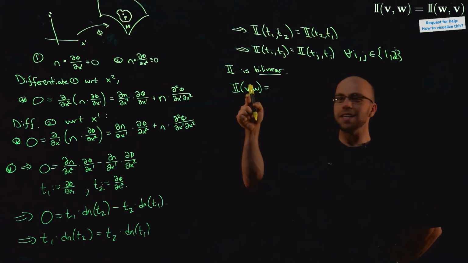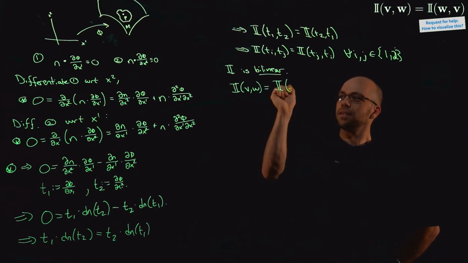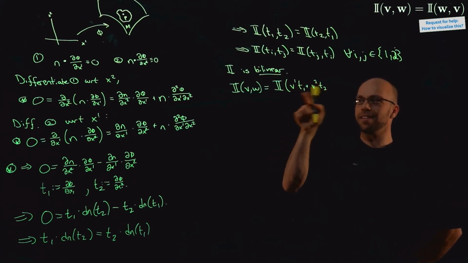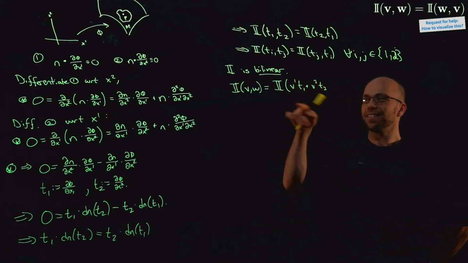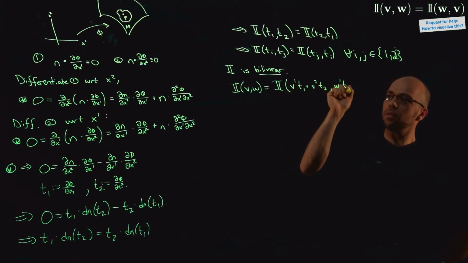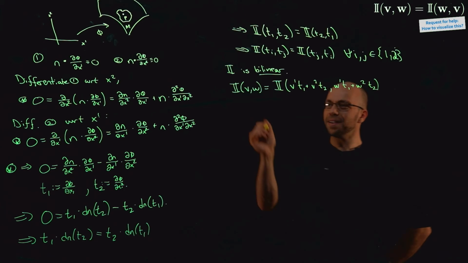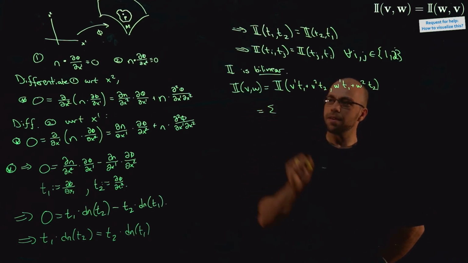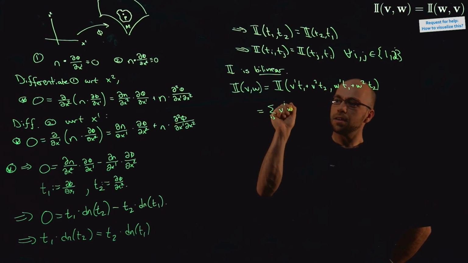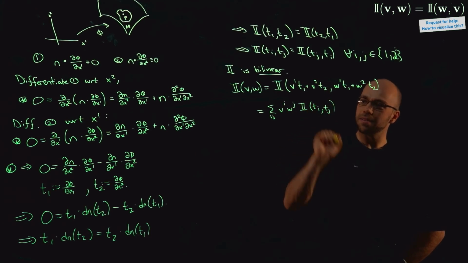So I can write v in the T coordinates. So this is really equal to v1 T1 plus v2 T2. If I were being really slick with my Einstein notation, I guess I could write this in a nicer way. And similarly, this is w1 T1 plus w2 T2. Okay, but by bilinearity, this is really equal to the sum over i and j of v_i w_j times the second fundamental form of t_i, t_j.